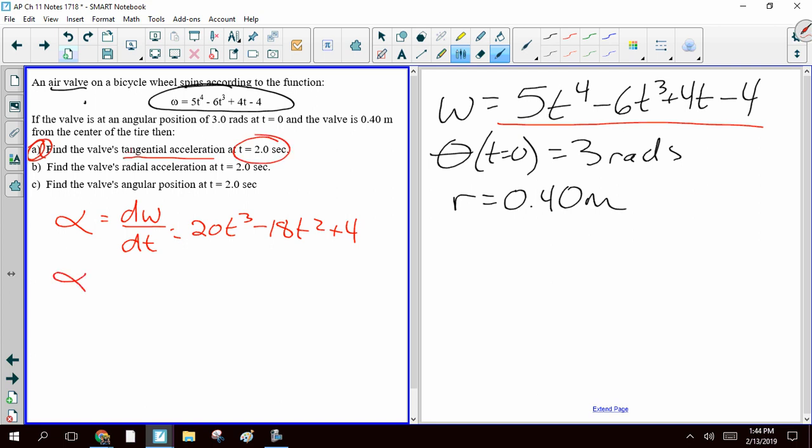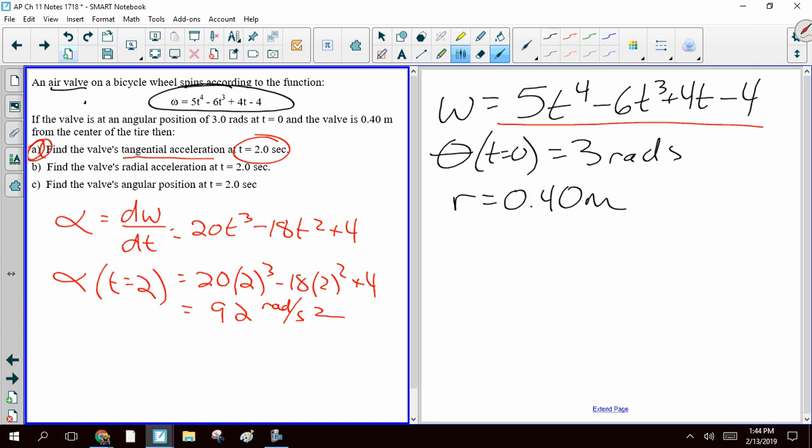So I can find alpha at t equals 2 by just plugging 2 in there. And to do that, it's 20 times 2 cubed minus 18 times 2 squared plus 4. So if you plug this into your calculator, you get 92 radians per second squared.